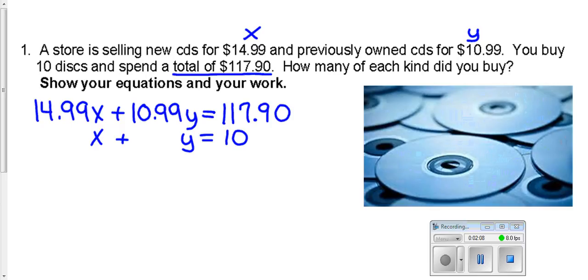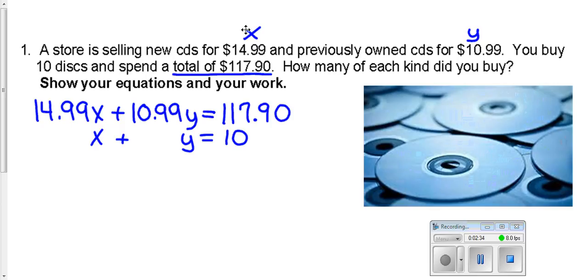So you have to think about what is the best way to solve this problem. Would it be by using the elimination method, or would it be by using the substitution method? And the answer is the substitution method, because it's easy to solve for one of the variables in the second equation.